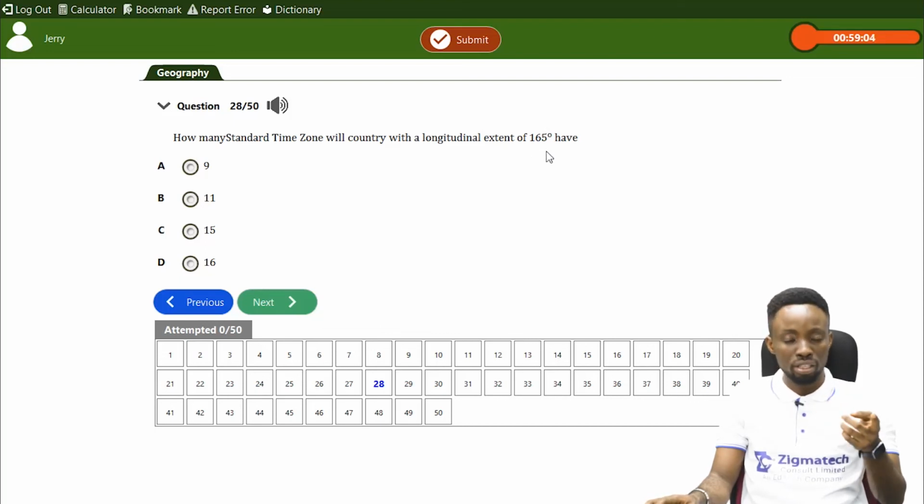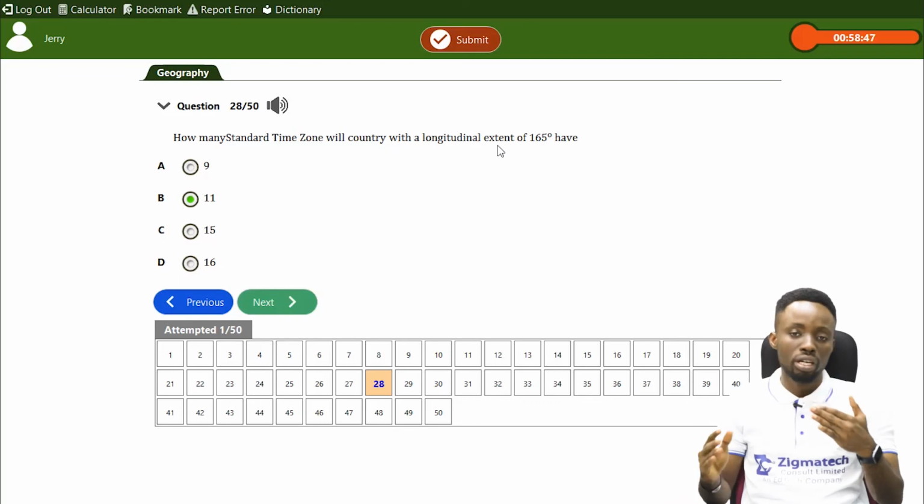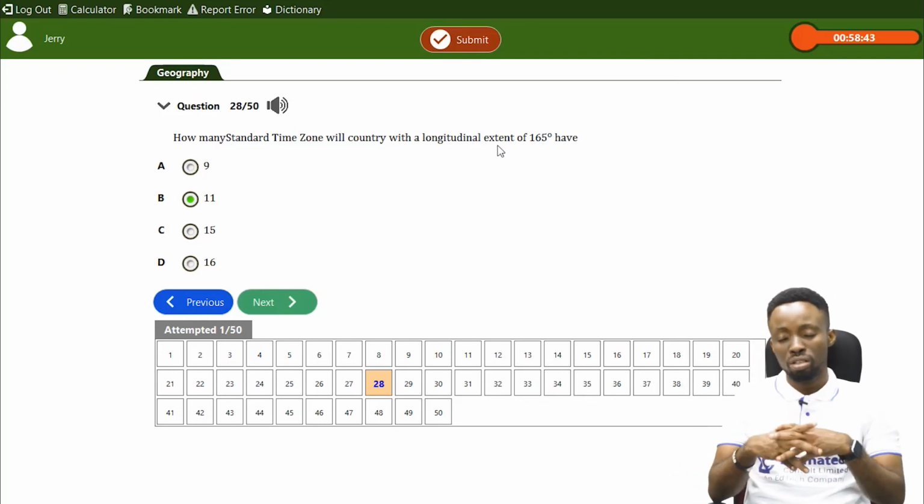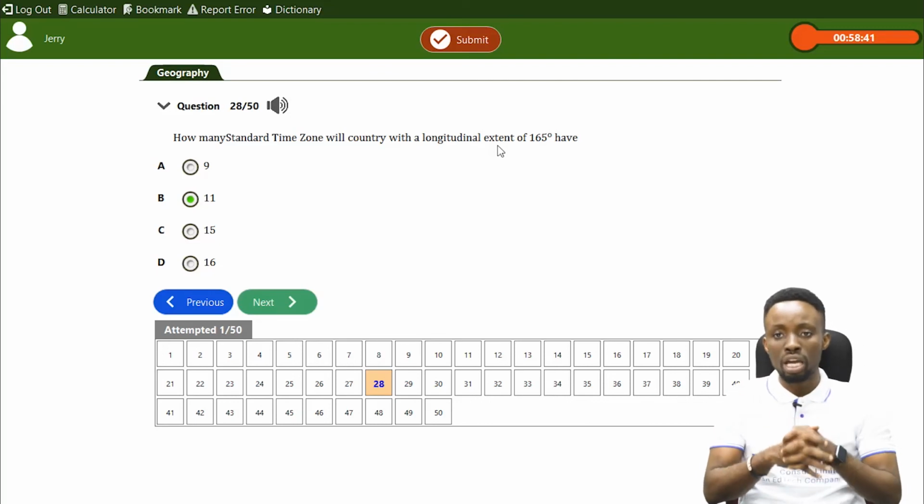If 1 hour is 15 degrees, that means to get the number of hours or time zones, you're going to divide by 15. And when you do that, you're going to get 11. So option B is the right answer. So 165 divided by 15 degrees will give us 11. So it definitely means that they have approximately 11 time zones in such a particular place.